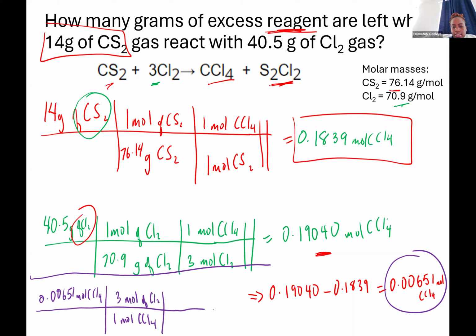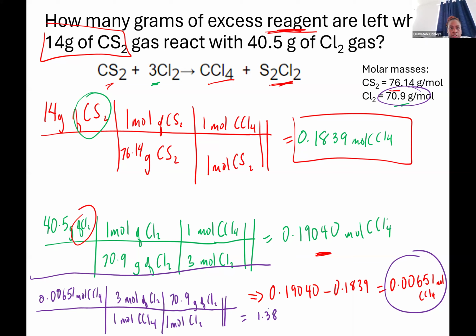And because the question is asking me for grams, I need to go back to grams. For every 1 mole of chlorine gas, I have 70.9 grams of chlorine gas. And so I have times 3 times 70.9, which is 1.38.